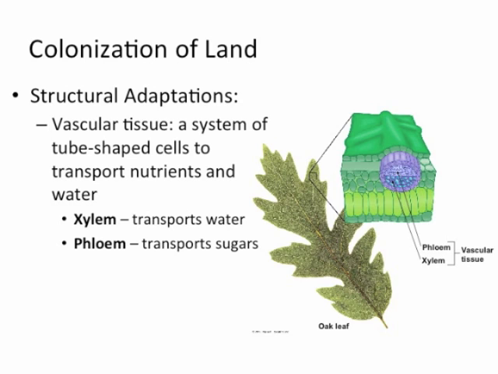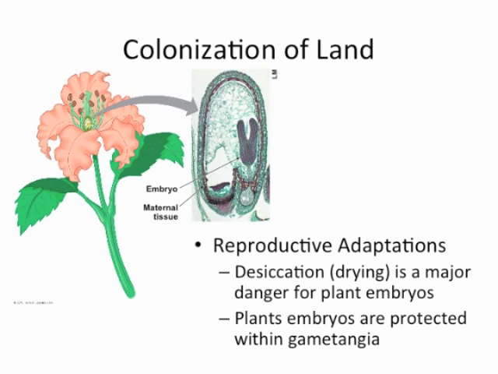And then another big thing that has allowed plants to colonize land are adaptations in reproductive tissue. So again, desiccation or drying is a major danger for plants, but it's also a major danger for plant embryos. So plant embryos have to be protected to keep them from drying out as they're developing.